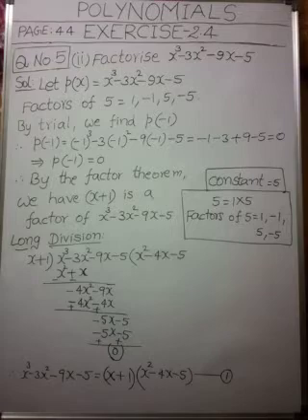If you observe this polynomial, it is a monic cubic polynomial. Isn't it, my dear children, or not? Yes. So, how many factors will be there for this monic cubic polynomial? 3 factors. So, we have to find 3 factors for this polynomial. Okay, my dear children, remember this point.